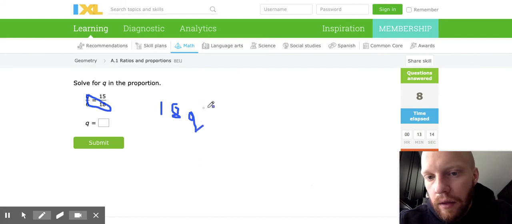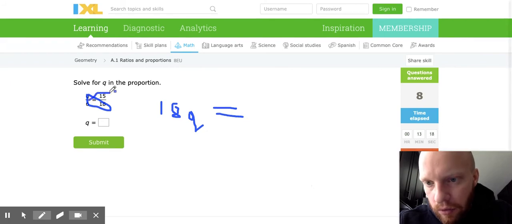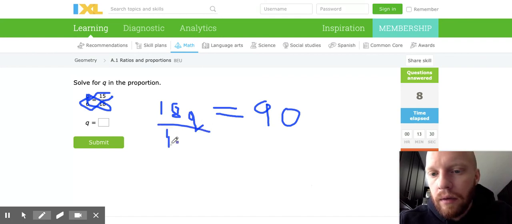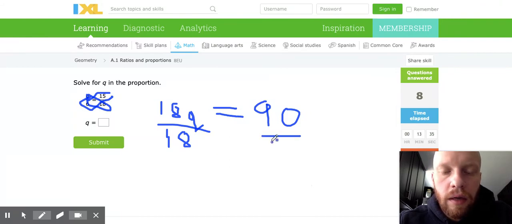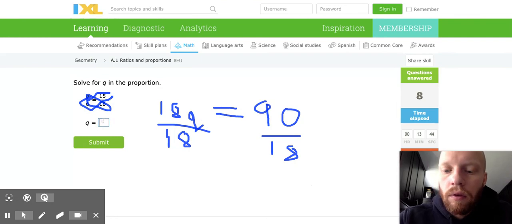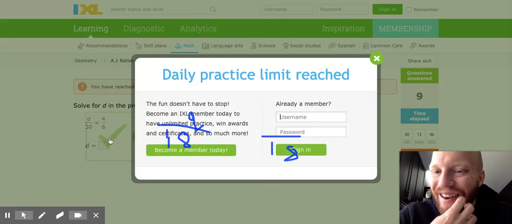And that's going to equal 15 times 6, which is going to give me 90. Right? And to solve this, I'm going to do 90 divided by 18, because I need to get Q by itself. And if I do 90 divided by 18, once again, in my calculator, I'm going to end up getting another 5. So another 5 is my answer.